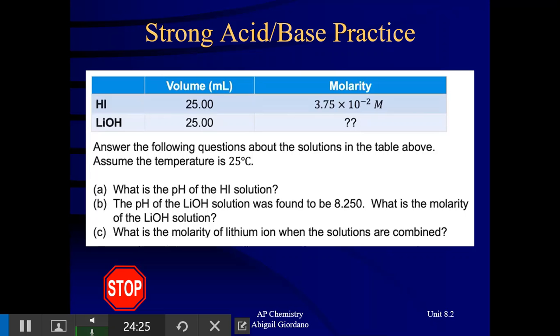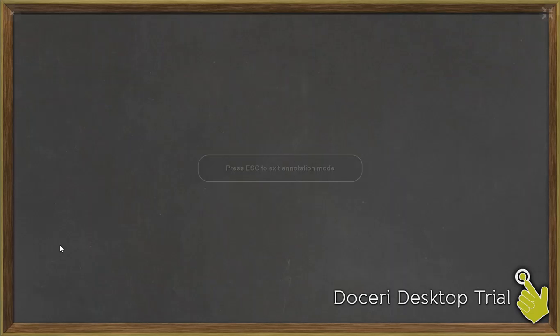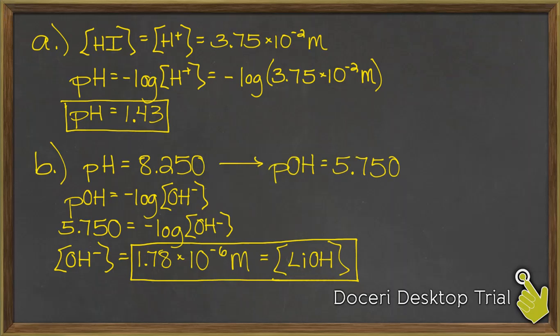Okay, let's look at part B. It says the pH of the LiOH solution was found to be 8.250. Makes sense, it's basic. What is the molarity of the LiOH? This is basically just going backwards. So for letter B, we're told the pH.